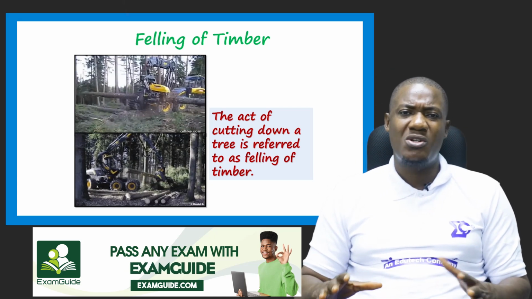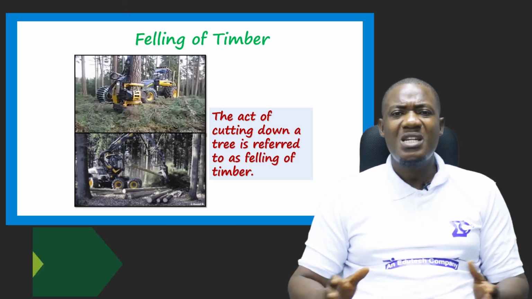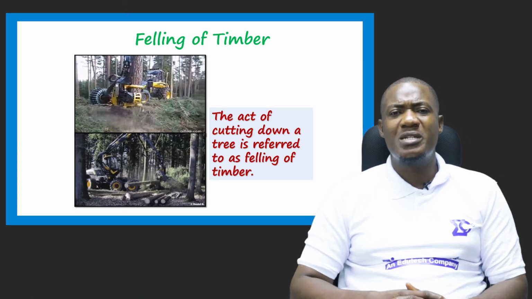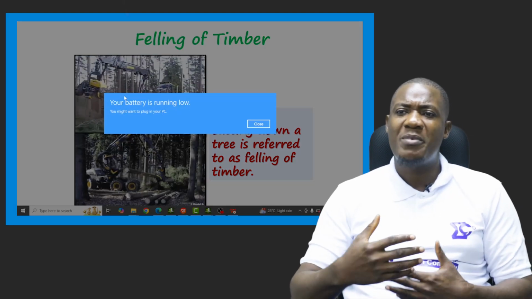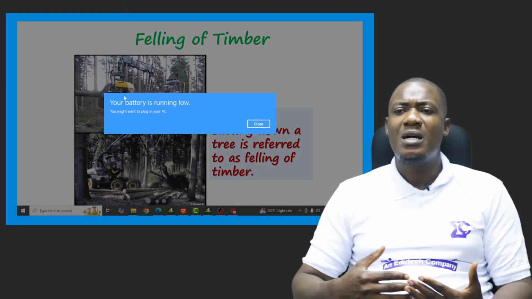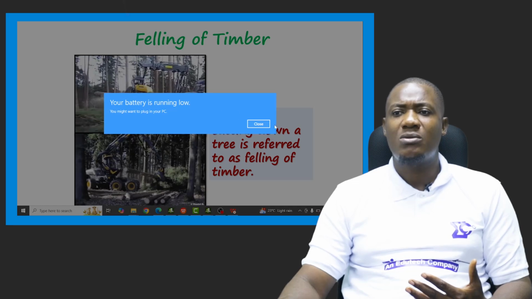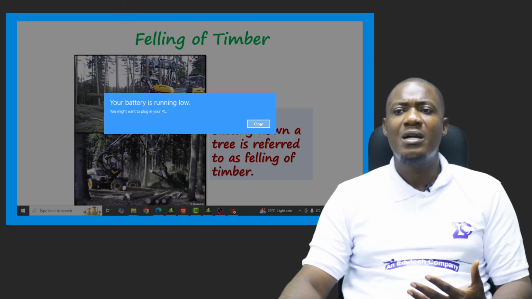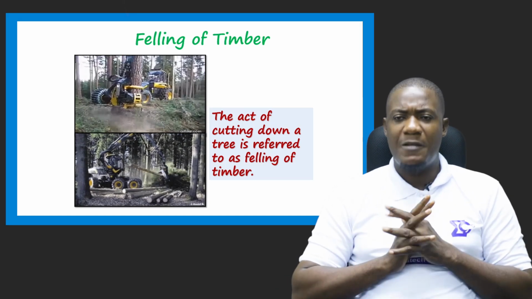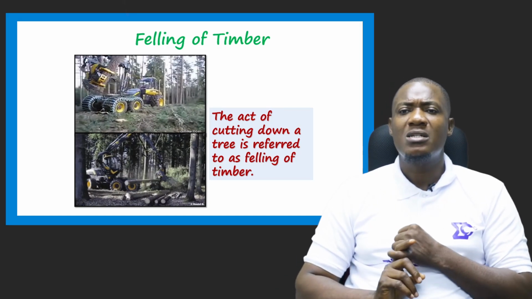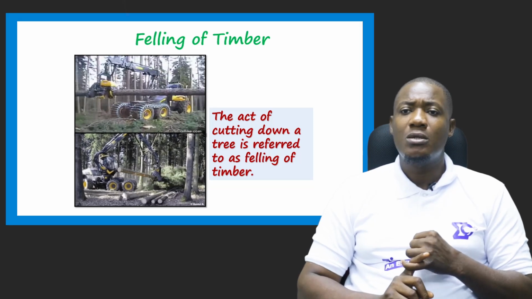When you tread on it, it is very loose during the rainy season. But in the dry season, you can have a safe path where you can enter the forest.